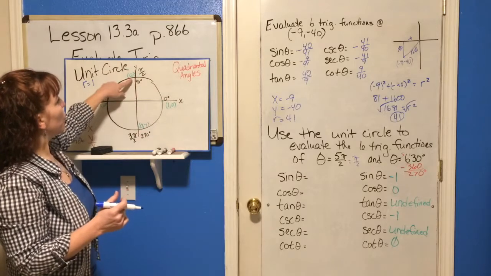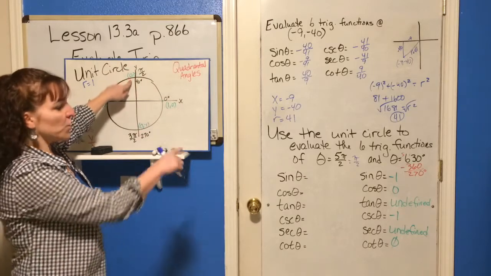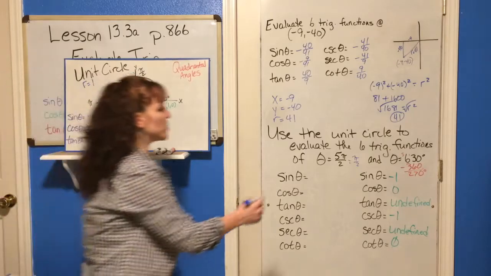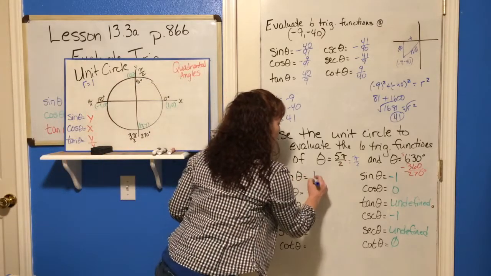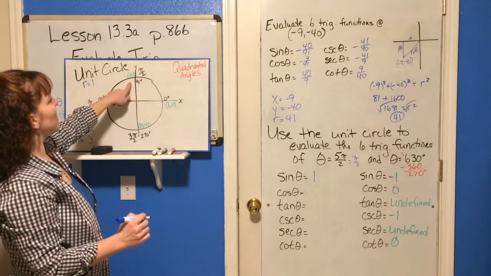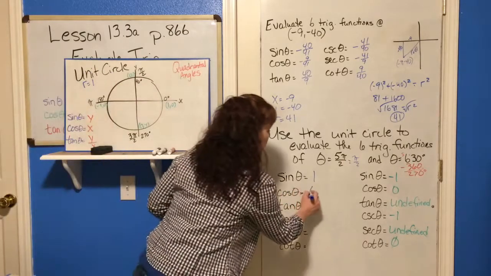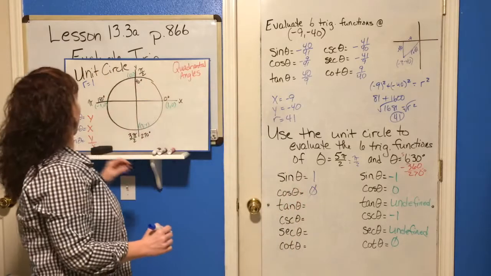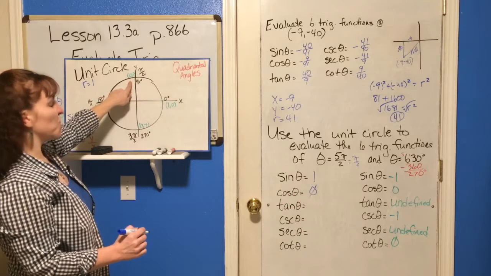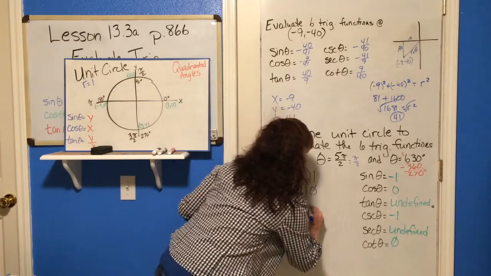So we're dealing with the point (0, 1). The sine is y, and y is 1. So the sine at pi over 2 is 1. Cosine is going to be the x. The x is 0, so cosine is 0. Tangent is y over x, so 1 over 0 is undefined.